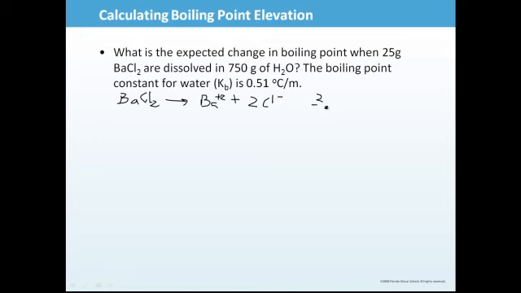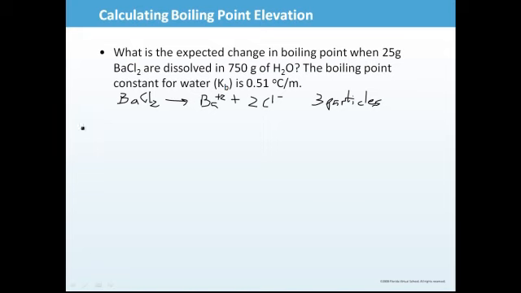So total, we have 3 particles. Now that's going to come in when we get to the molality, because remember, our molality is going to be 3 times that, because for each particle of BaCl2 that's dissolved, we're actually getting 3 particles in solution. Okay, so let's go to our molality.